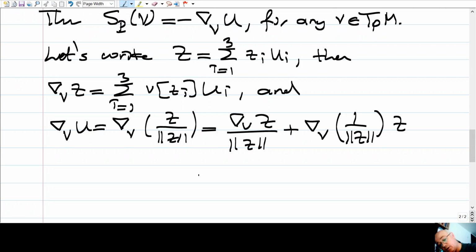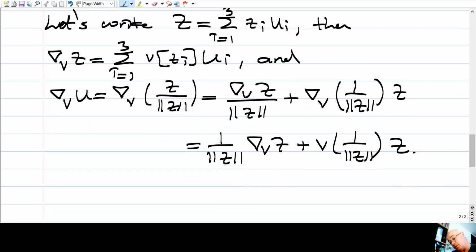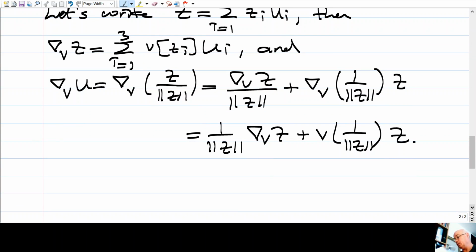So this is 1 over norm Z times the covariant derivative of Z, plus the directional derivative of this function along the vector v, times Z. This is a scalar times Z. The observation is the following at this point.